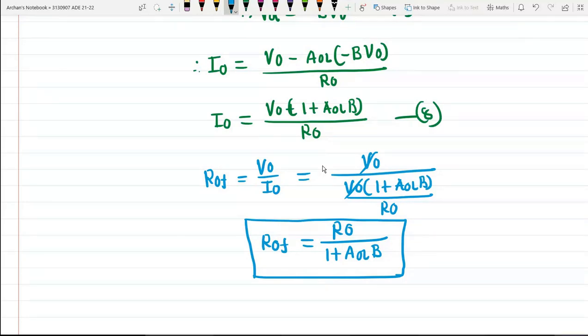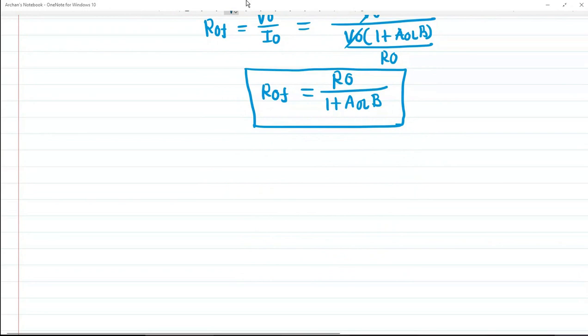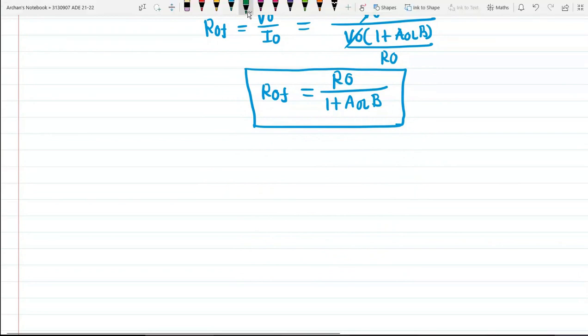Here the output resistance is the op amp's output resistance times 1 over (1 plus AOL times B). This is the same result we derived earlier in the case of the inverting amplifier. So here also we are reducing the output resistance with feedback. Negative feedback here also helps us; it is advantageous.